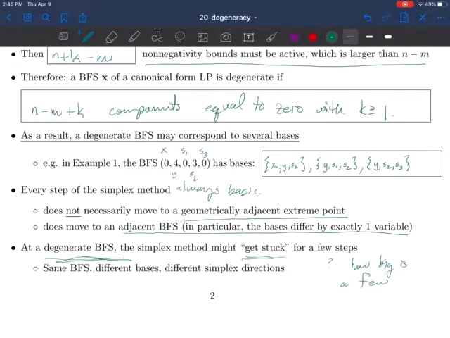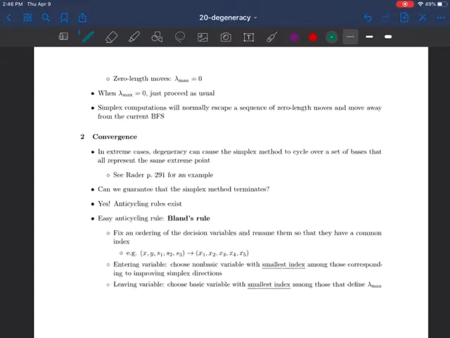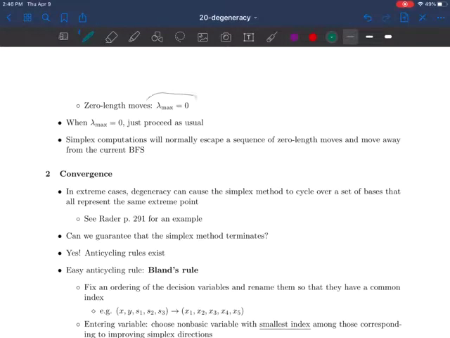And for a few steps, how big is a few? That gets a frowny face. So you know this happens when you get these 0 length moves. The lambda max is equal to 0.